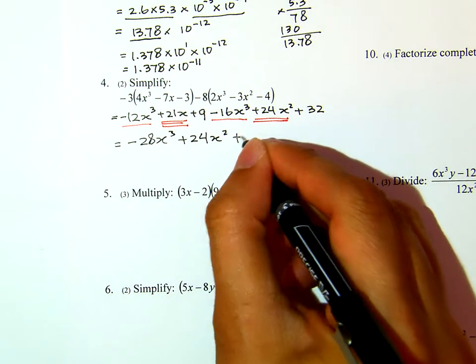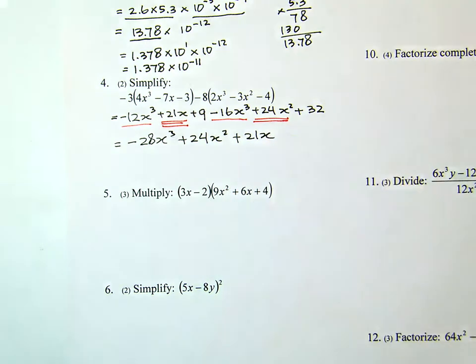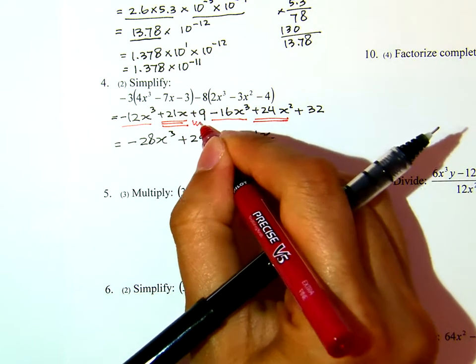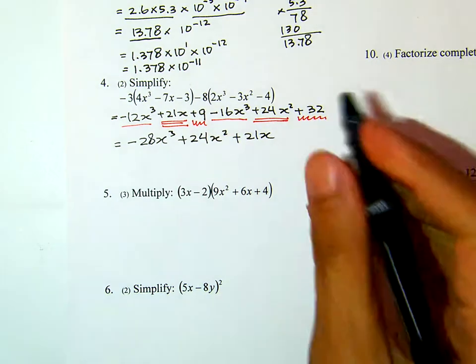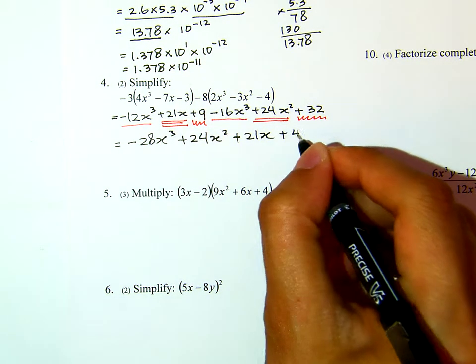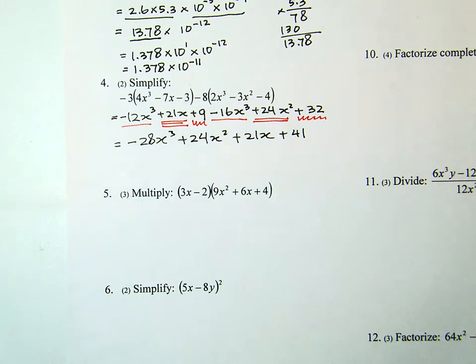This is a plus 21x, and then the constant term, which is plus 41. Okay, so basically what we do in this number 4, only 2 steps. We distribute it and then combine like terms.